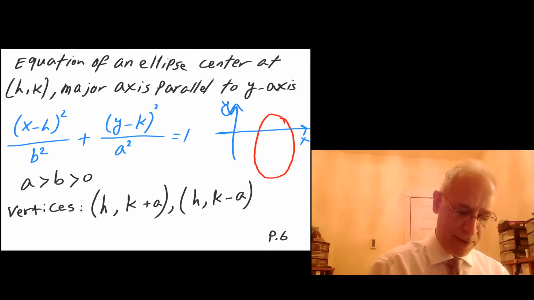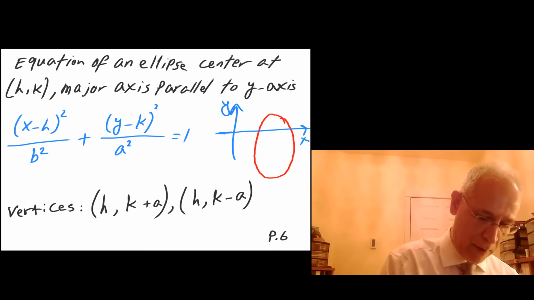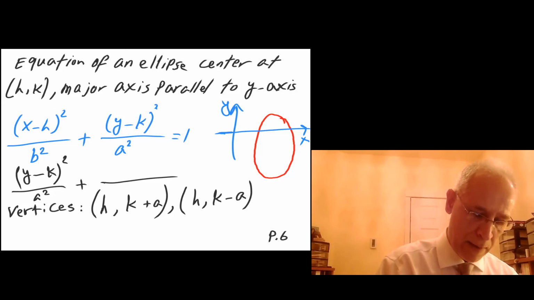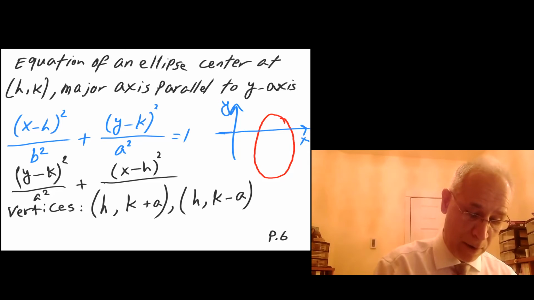Some textbooks rewrite this as y minus k, quantity squared, over a squared plus x minus h, quantity squared, over b squared equals 1.